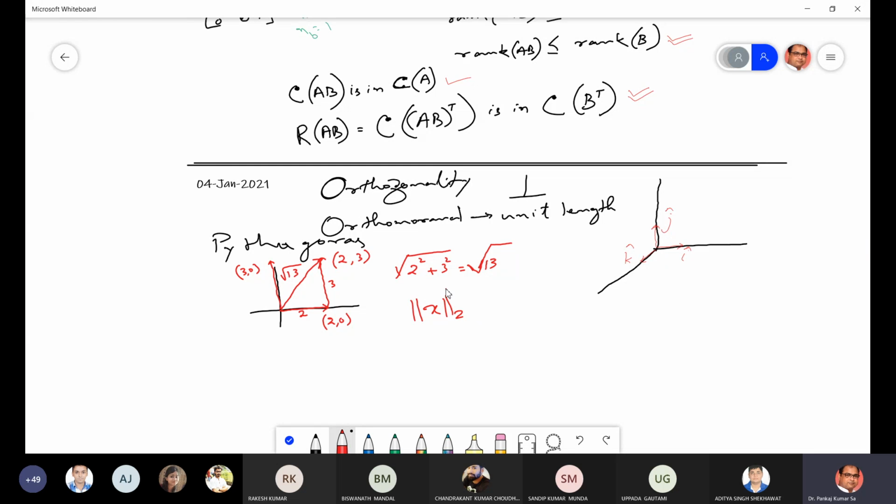And the square of the second norm is equal to, let us say this is (x1, y1), so this becomes x1 square plus y1 square. Now the same thing can be extended to 3 dimensions also: x1 square plus x2 square plus x3 square.